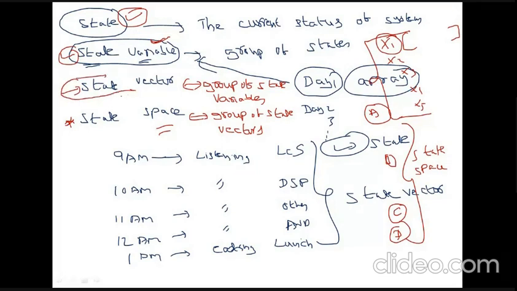Likewise, different groups of variables under different groups. Suppose a state vector represents ECE.